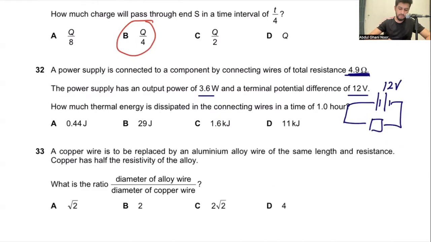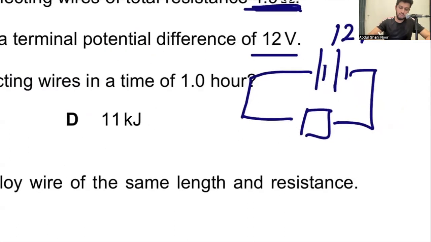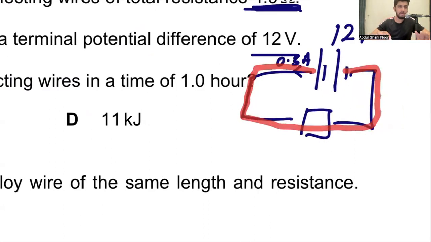I can say power is equals to VI. I is equals to power upon voltage, 3.6 divided by 12, and that gives you 0.3 amperes. Which means that 0.3 amperes travels through these wires, through this component and back.